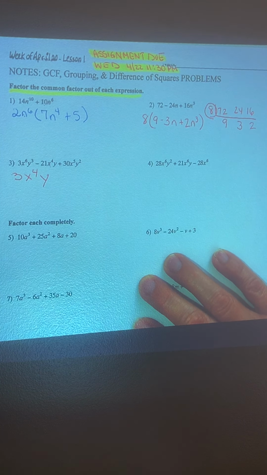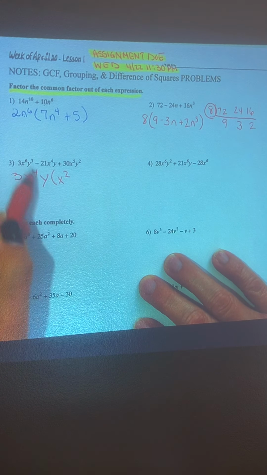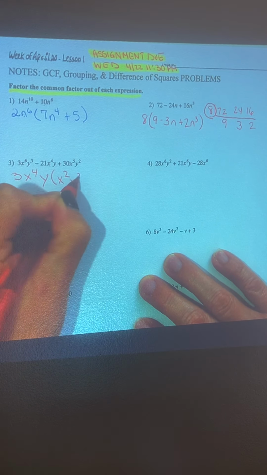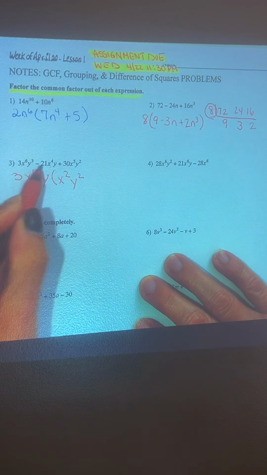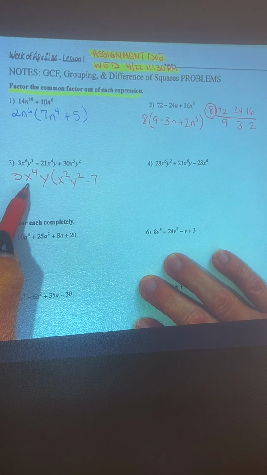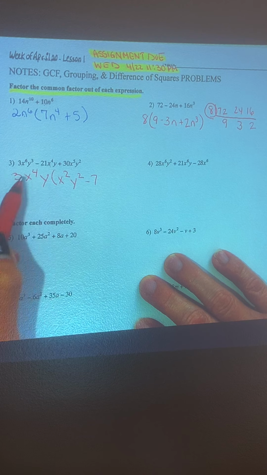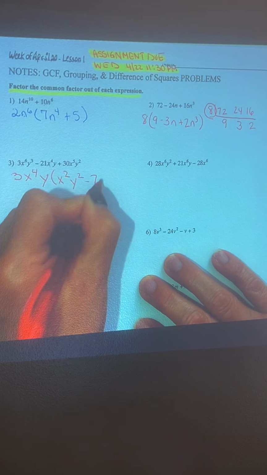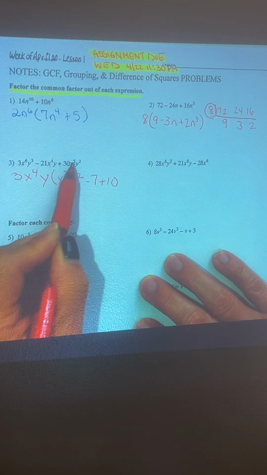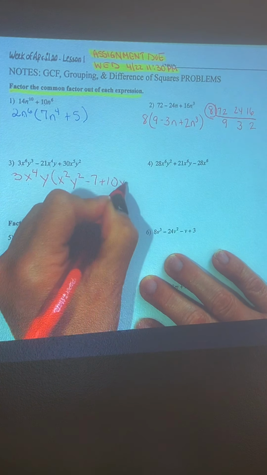Divide your numbers, subtract the exponents. 3 goes into 3 once, x^6 minus x^4 is x^2, y^3 minus y^1 is y^2. 3 goes into negative 21, negative 7, x^4 minus x^4 cancels, y^1 minus y^1 cancels. 3 goes into 30, 10, x^5 minus x^4 is x^1, y^2 minus y^1 is y^1.